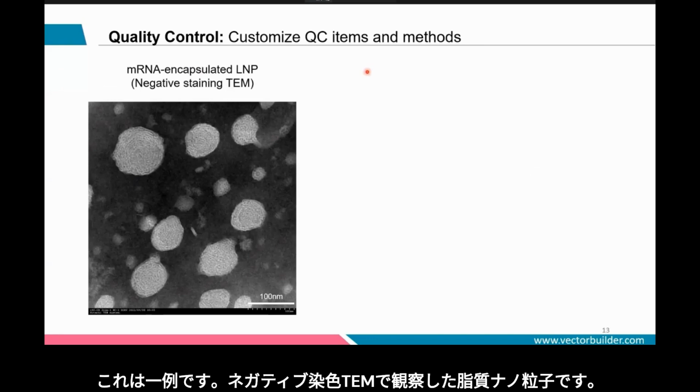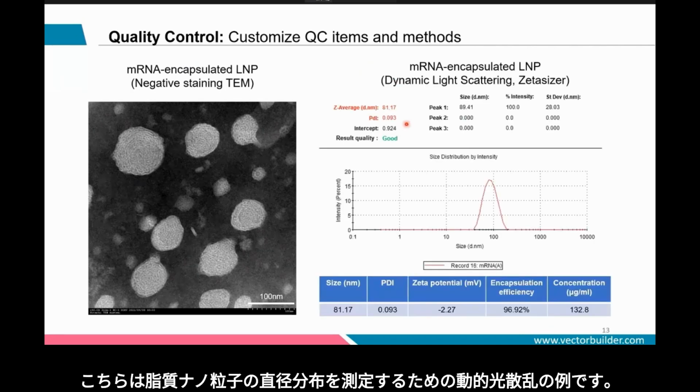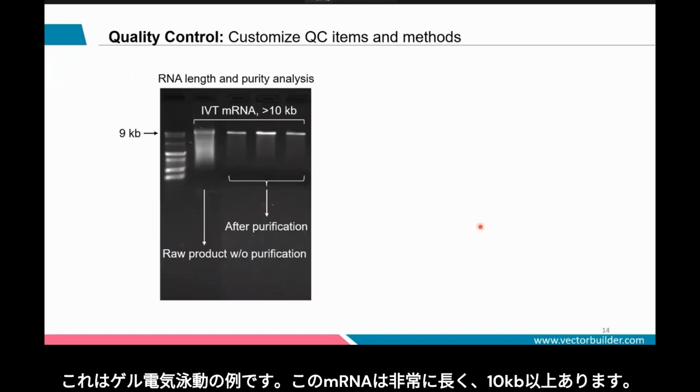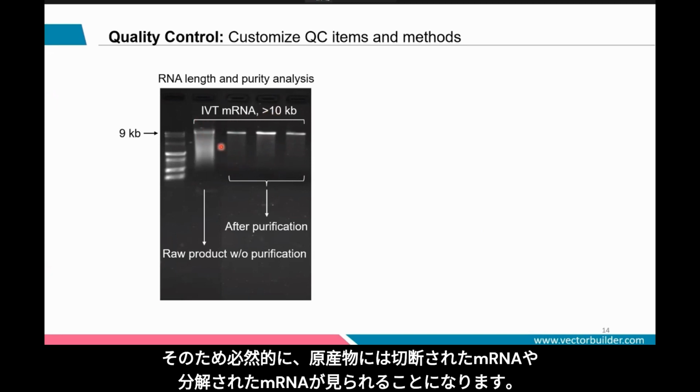Here are some examples. This is a lipid nanoparticle under negative staining TEM. And this is an example of dynamic light scattering to measure the diameter distribution of lipid nanoparticles. And this is an example of gel electrophoresis. You can see that in the raw products, because this mRNA is really long, over 10 kb, inevitably you will see some truncated or degraded mRNA.